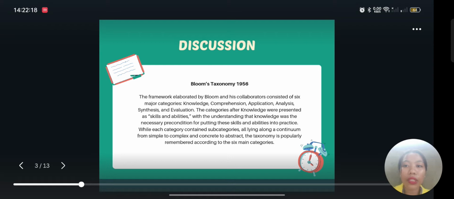The categories after knowledge were presented as skills and abilities, with the understanding that knowledge was the necessary precondition for putting these skills and abilities into practice, while each category contained subcategories, all lying along a continuum from simple to complex and concrete to abstract. The taxonomy is popularly remembered according to the 6 main categories.